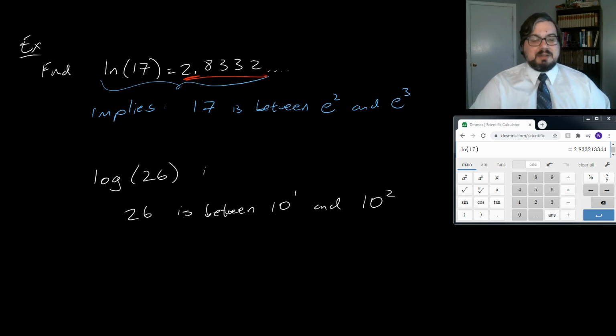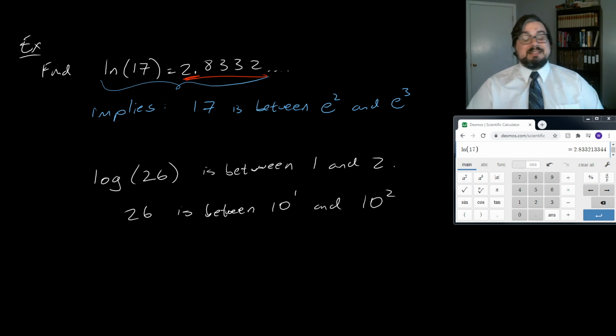So that means log base 10 of 26 is between 1 and 2. Because 26 itself is between 10 to the first and 10 to the second. So that's one of the relationships that you can see between the logarithm and the exponentials.